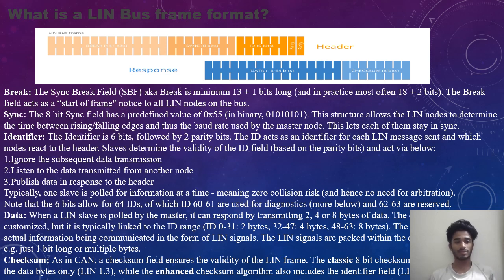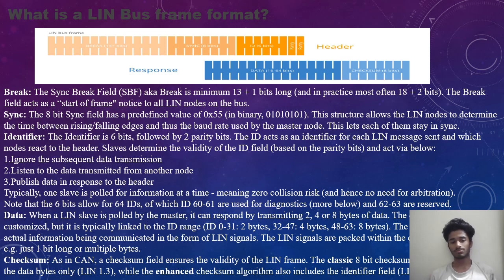So the next one is identifier. The identifier is 6 bits followed by 2 parity bits. The ID acts as an identifier for each LIN message sent and determines which nodes react to the header. Slaves determine the validity of the ID field and act as below. First, ignore the subsequent data transmission. Second, listen to the data transmitted from another node. Third, publish data in response to the header.